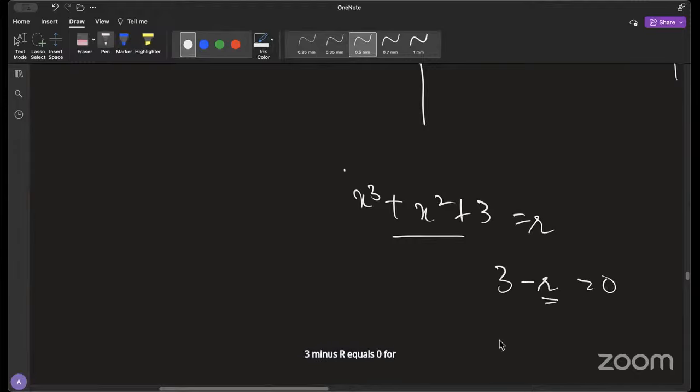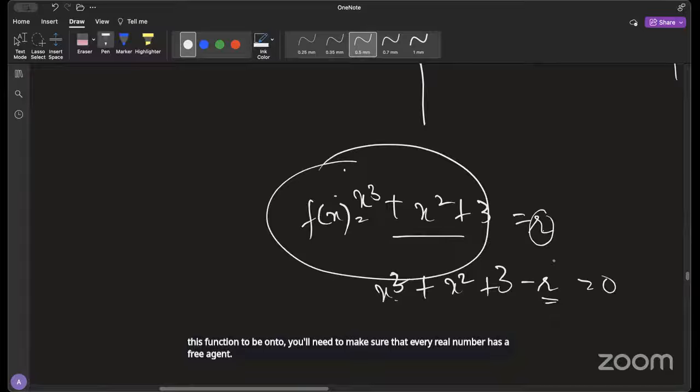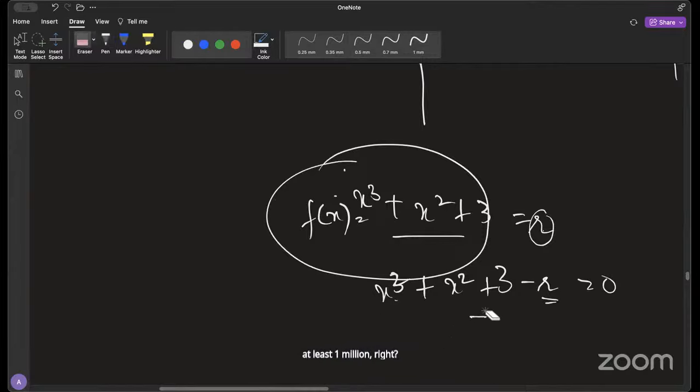If your codomain is real numbers, then for this function f(x) to be onto, you need to make sure that every real number has a pre-image. That means this has at least one real root. Can you really find the root of this? No, ma'am.